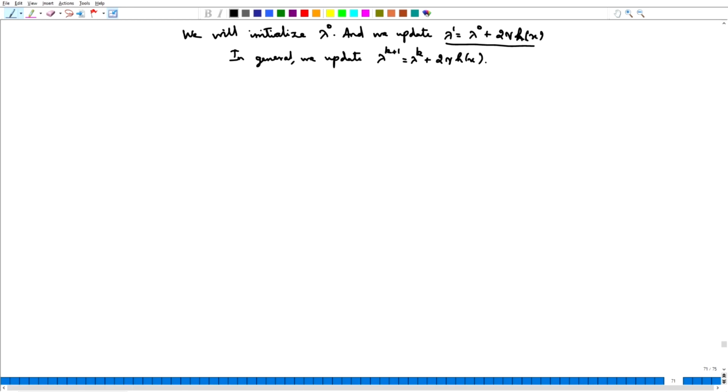Now the full algorithm comes as follows. So, what is the algorithm? This is the algorithm for the augmented Lagrangian method when you have only equality constraints.